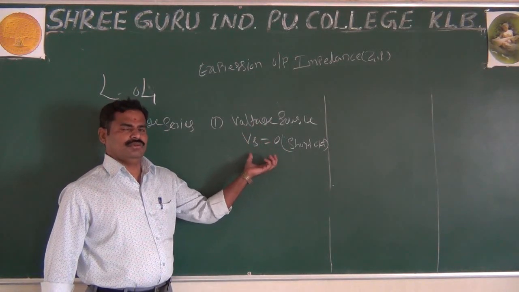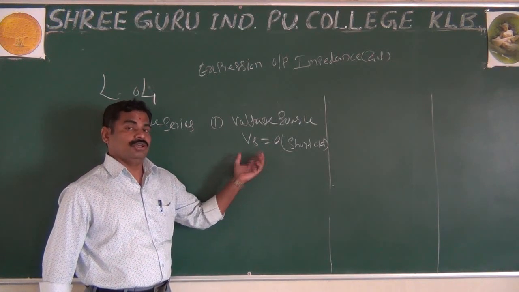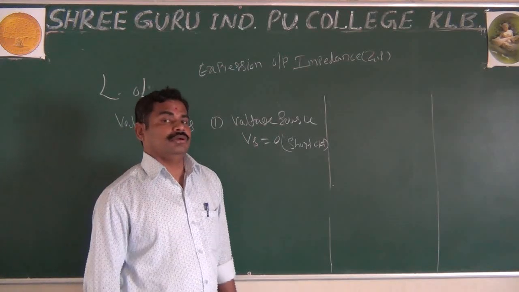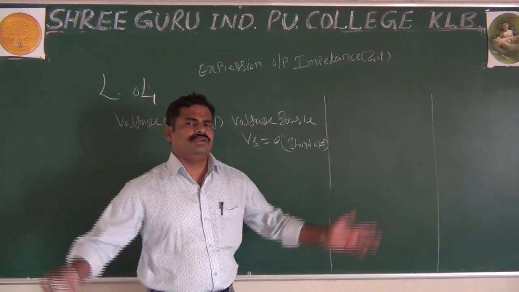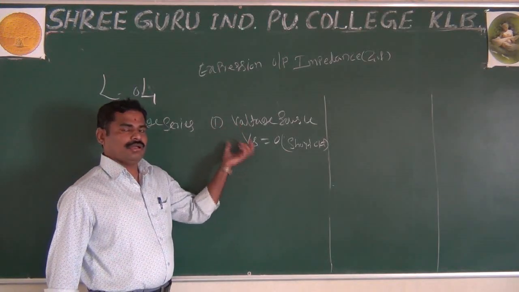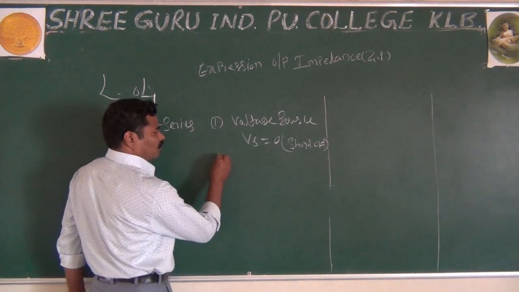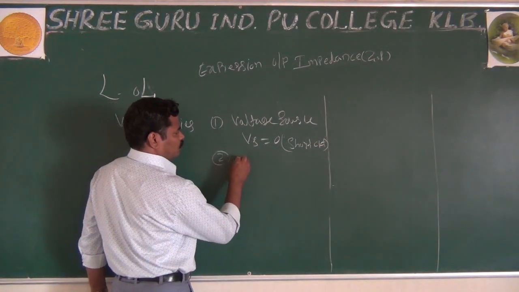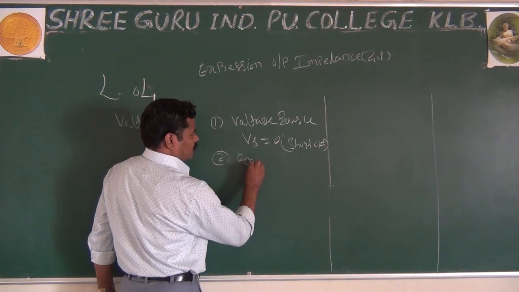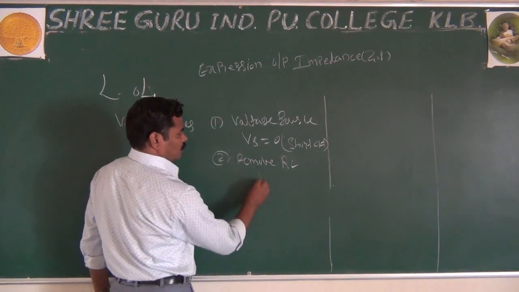Why make the voltage source a short circuit? If you apply the voltage source, it may affect your output impedance, and you are not getting the desired output impedance. That's why make the voltage source a short circuit or 0. And the second one, remove RL, or make RL equal to infinity.